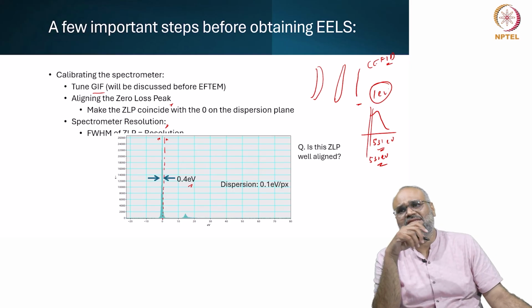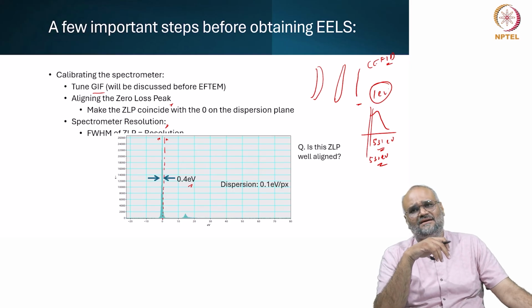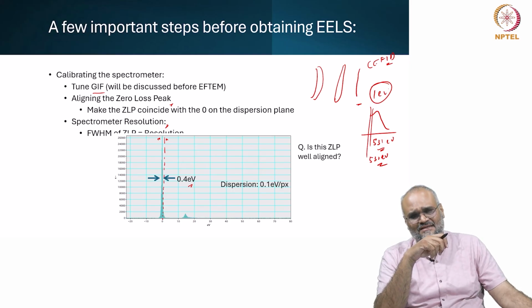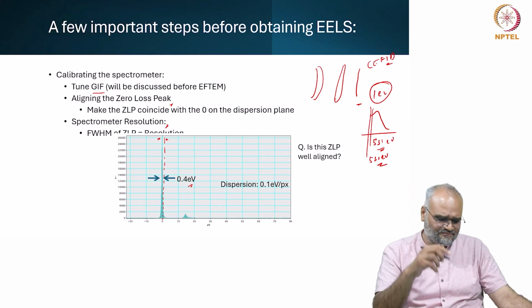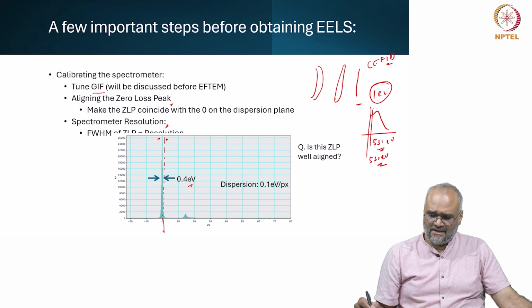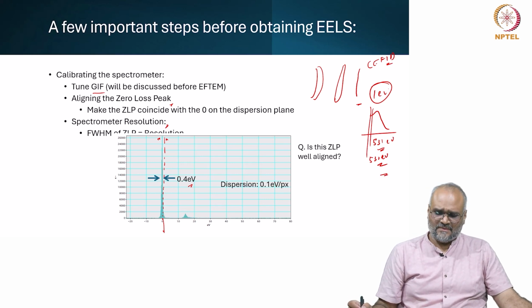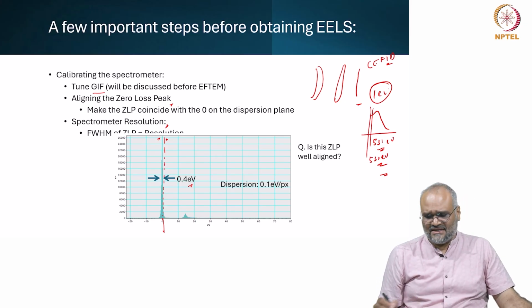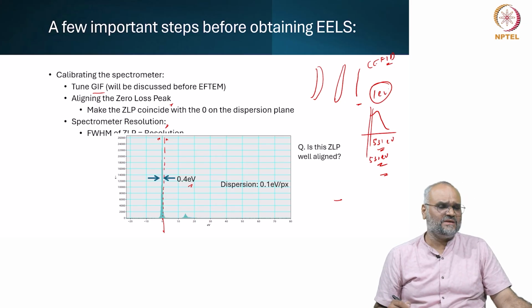So a good practice to record accurate EELS data is, with the illumination conditions that you are actually obtaining the data, you collect the zero loss peak first, then get your core loss spectra. After you record the core loss image, again record a zero loss spectrum to check if there is any drift in the zero loss peak.